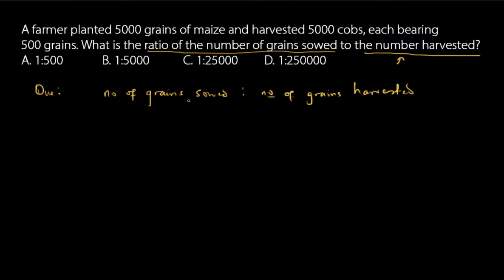So I'm going to call the number of grains sold NS, and let's call the number of grains harvested NH.